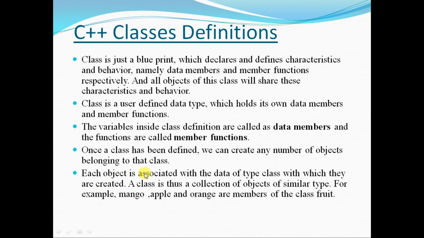Each object is associated with the data type class with which they are created. A class is a collection of objects of similar type. For example, mango, apple and orange are the members of the class fruit because class fruit describes the properties and behavior of mango, apple and orange.